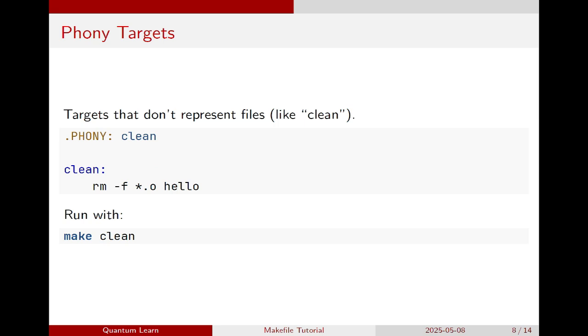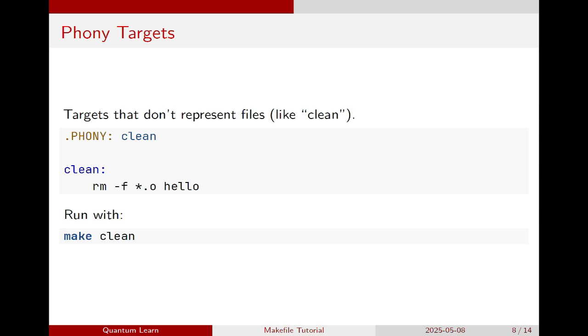Next is phony targets. Sometimes you might have a file with the same name as a target in the Makefile. So just so that the Makefile doesn't get confused with the file name, you define a phony target. For example, let's say I have a file named clean in the same folder and I don't want make to be confused with the clean target inside the Makefile.